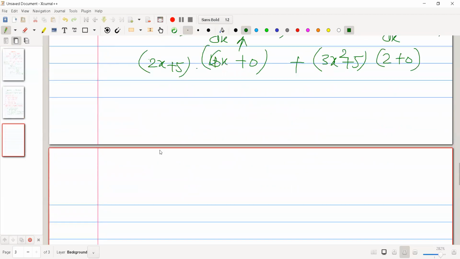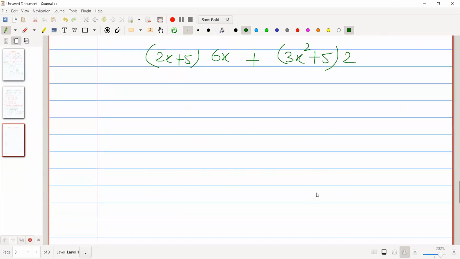Later, we will get the final result by 2x plus 5 into 6x plus 3x square plus 5 into 2. So this way we can find out 6x into 2x plus 5 plus 2 into 3x square plus 5.